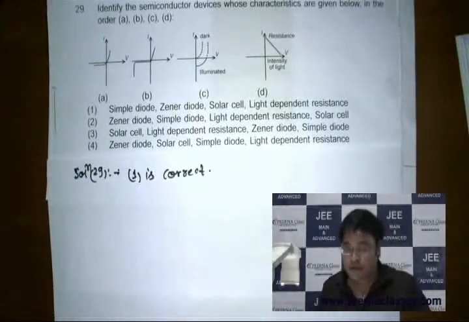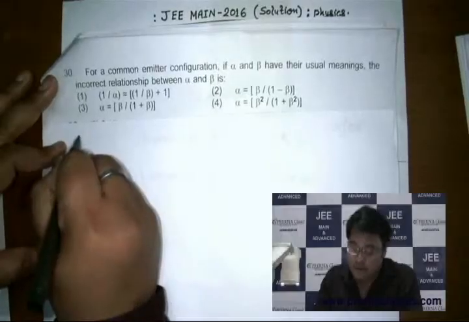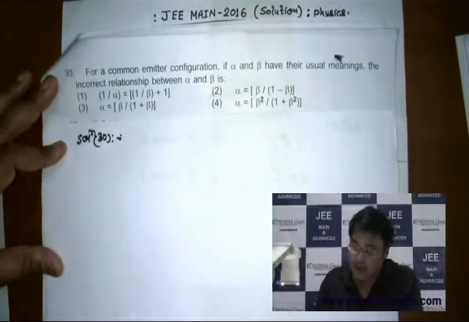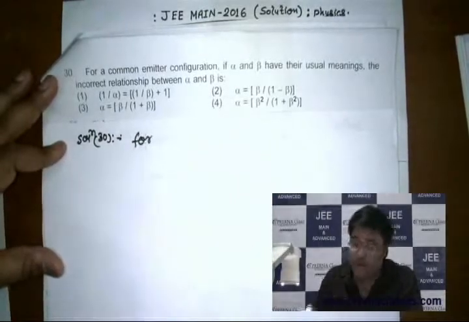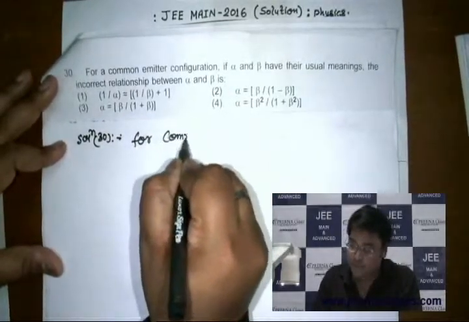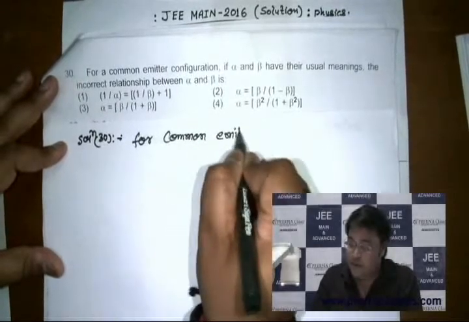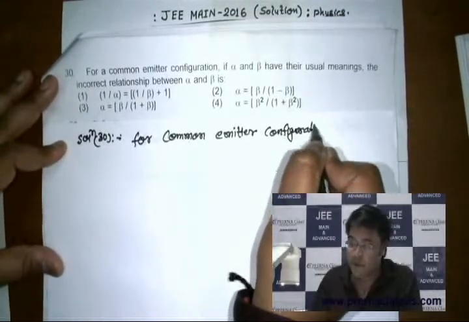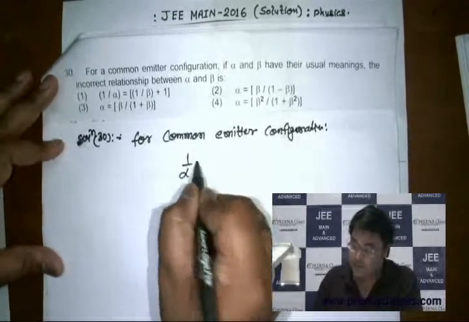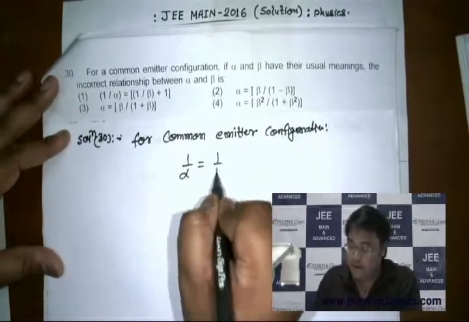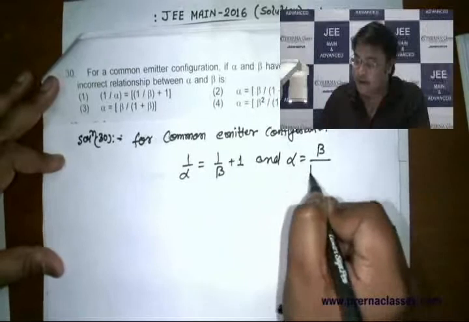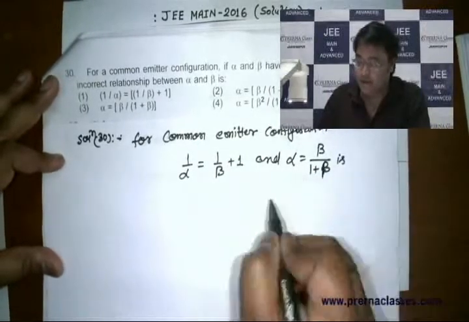Okay, next is the 13th question. It is based on semiconductors and comes from the transistor, and we have the common emitter configuration. 1 by alpha equals 1 by beta plus 1, and alpha equals beta by 1 plus beta is correct.